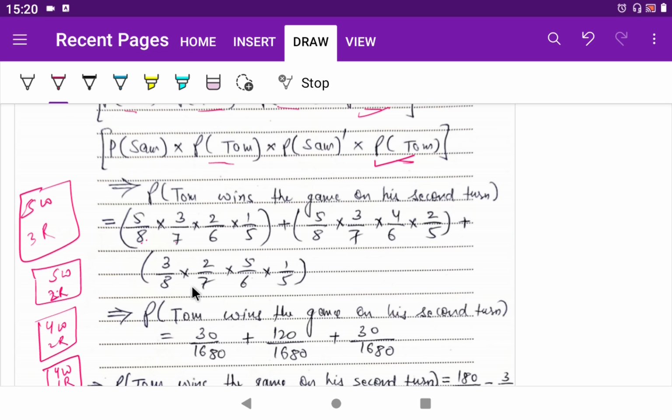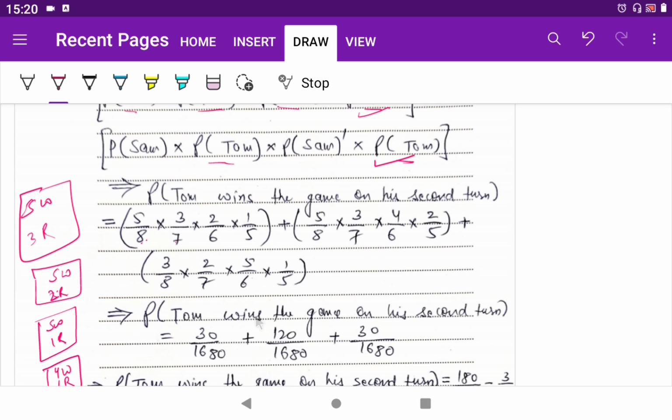So 2 upon 7, and Sam did not get, it means 5 upon 6. And now Tom needs to remove this red one, so 1 upon 5.